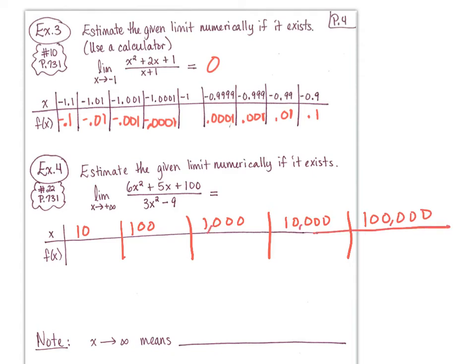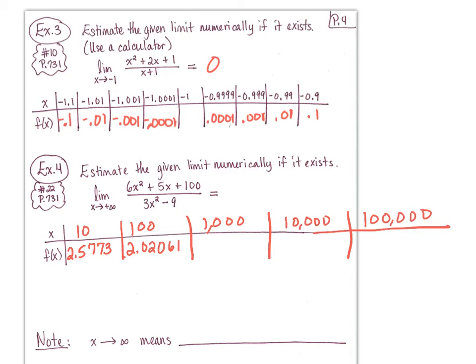So when we substitute those x values in, what do you get for f of x whenever x is 10? 2.5773. Okay. What do you get when x is 100? 2.06.